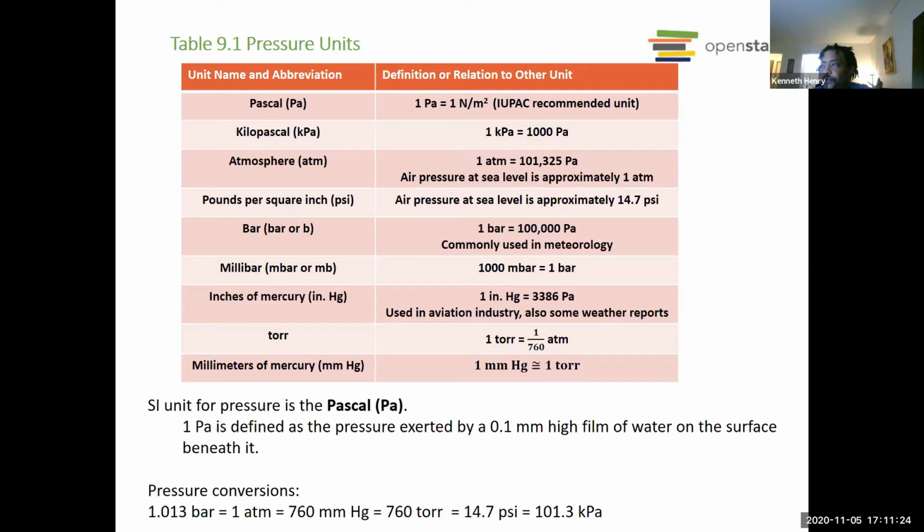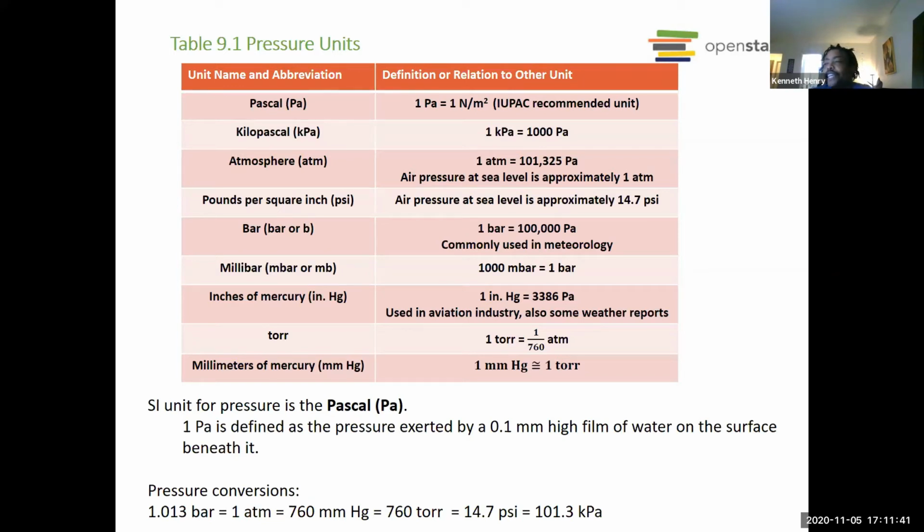A bar: 1 bar is equal to 100,000 pascals. And 1 bar is equal to 1,000 millibars.